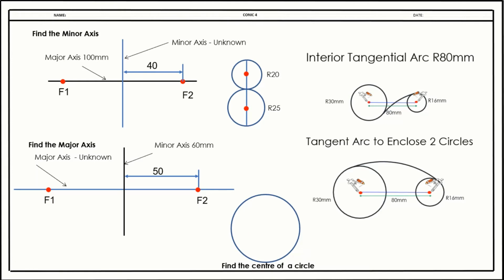Well, it's often a thing when you're doing ellipses that they will give you a certain piece of information and you have to figure something else out. So in this partially drawn setup of an ellipse, up here we have the major axis and we have the focal points, but we don't have the minor axis. So we're going to look at how we're going to go about finding the minor. Then we're going to move on and we're going to have the opposite to this.